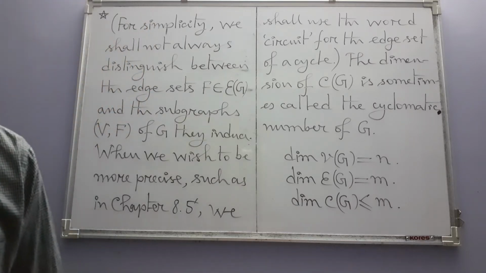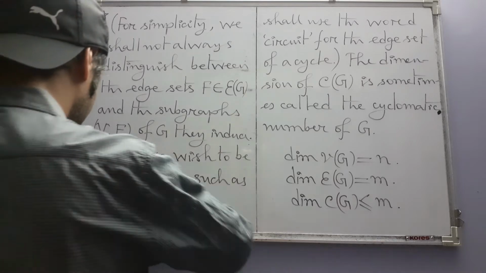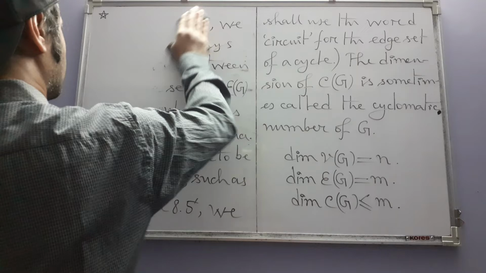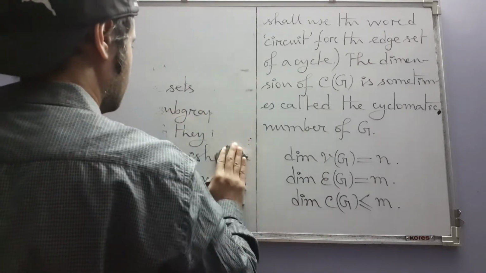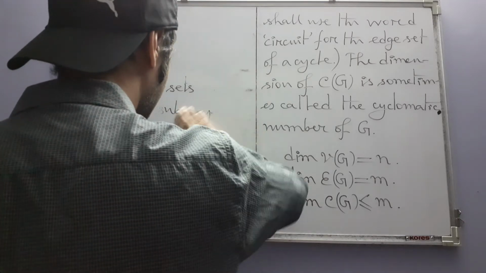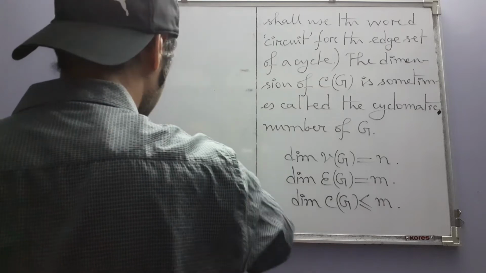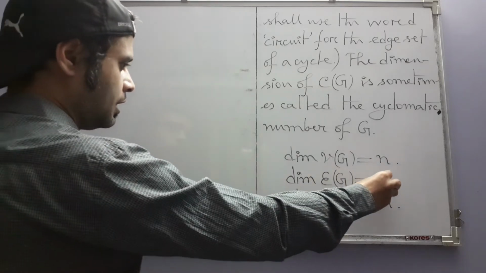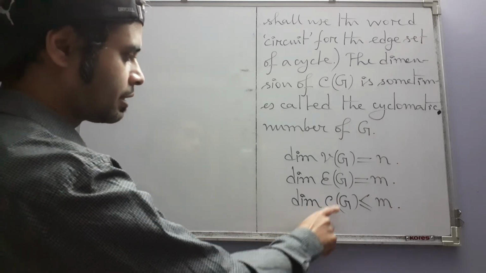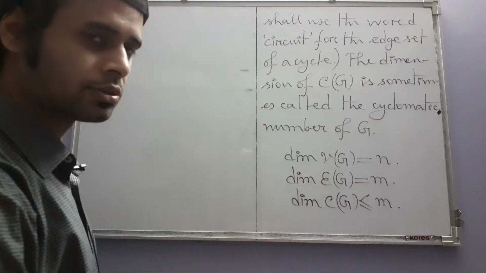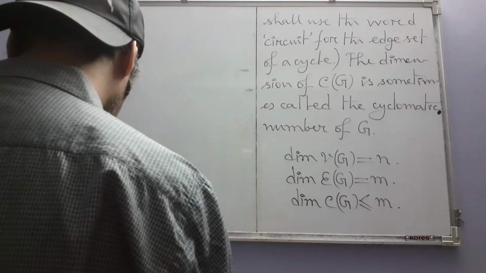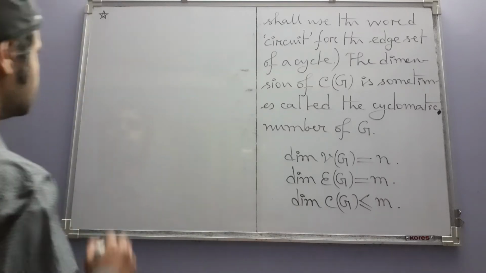This we can immediately say. And if the cyclomatic number becomes equal to m itself, then the cycle space becomes equal to, they coincide, equal to the edge space. Now there is this proposition.